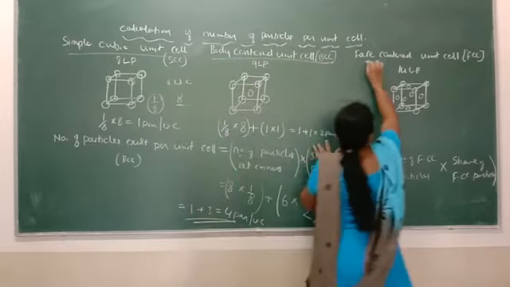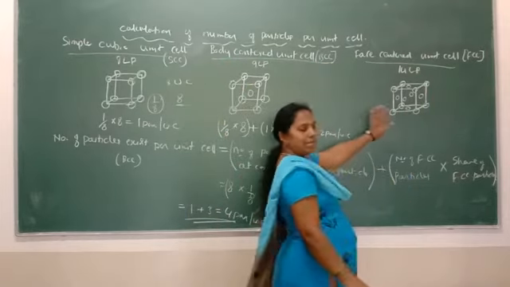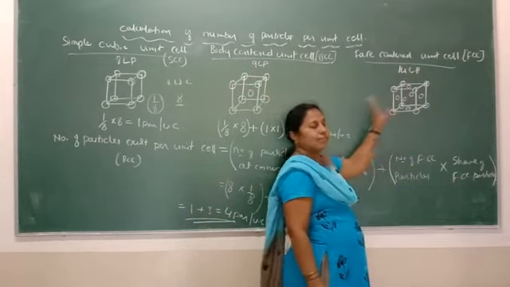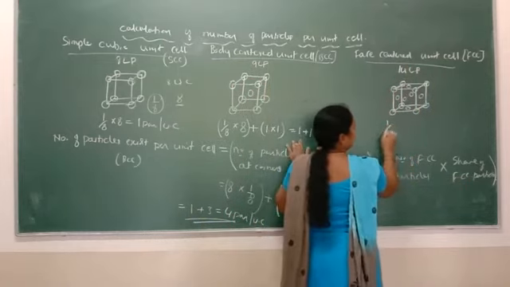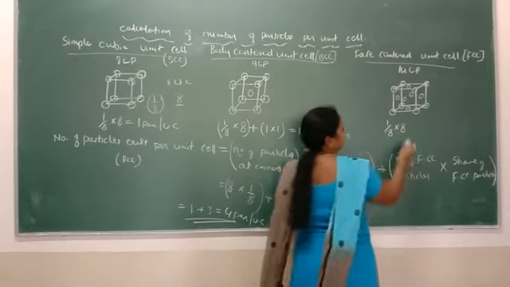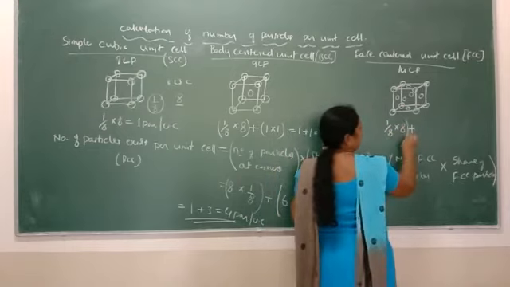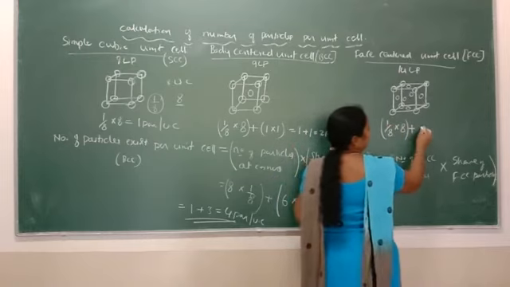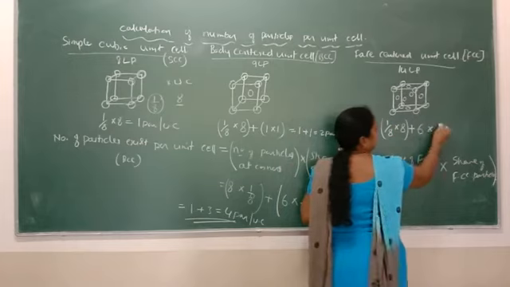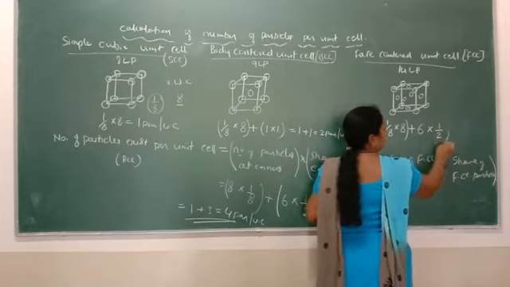In case of FCC, there are 14 lattice points: 8 particles at the corners and 6 particles at the face centers. The corner particle share is 1 by 8 and there are 8 such particles. Along with that, there are 6 face-centered particles, and the share is 1 by 2.